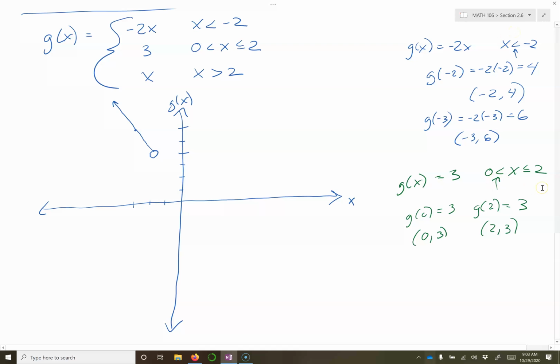That means open circle. So we're at (0, 3), and it's open. All right, at (2, 3), is that solid or open? All you have to do is look right here. Yeah, that's a solid. And then everything between, you just connect the line.